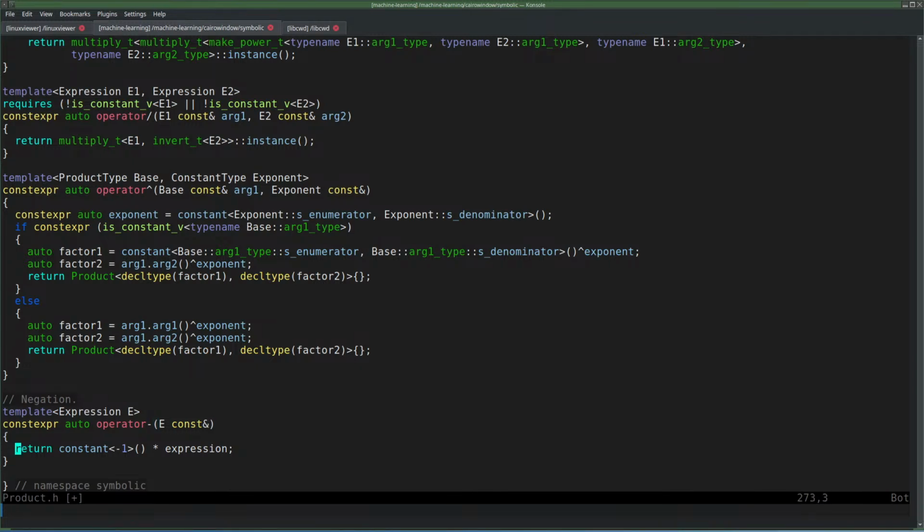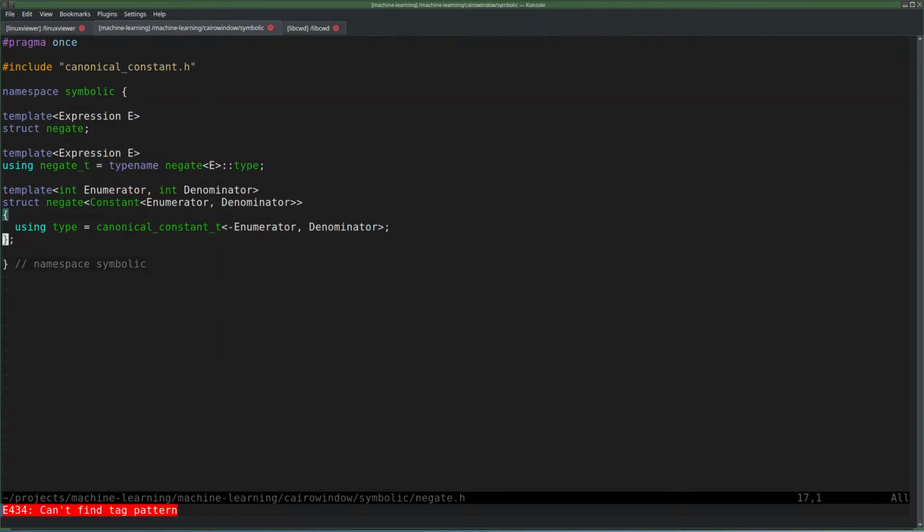And then we are returning negate type of E instance. But then negate is not defined because it's not defined.